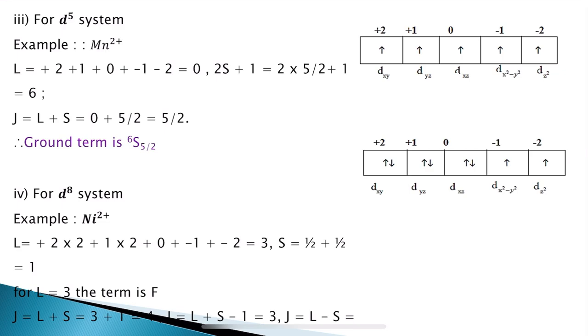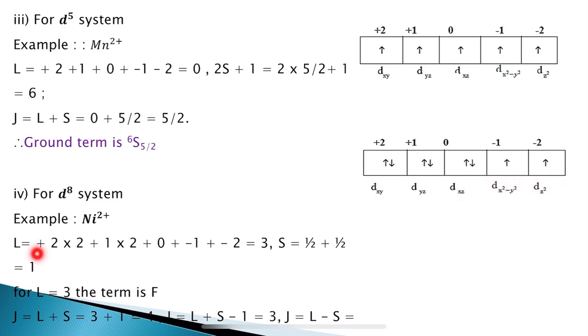And the next example is for the d8 system. The example for the d8 system is nickel 2 plus. A d8 system means 8 electrons are present in the d orbital, and they will be arranged according to Hund's rule.